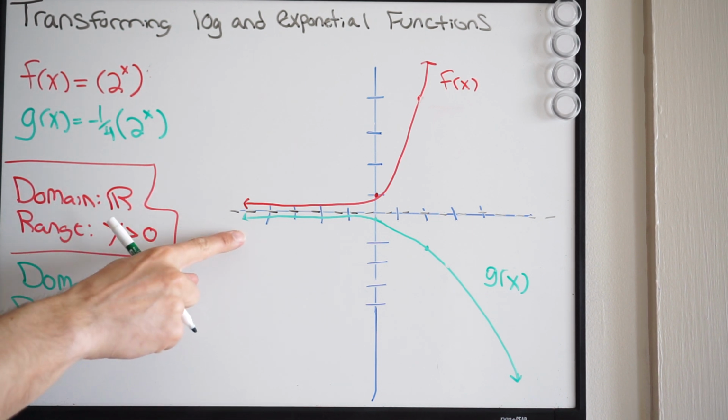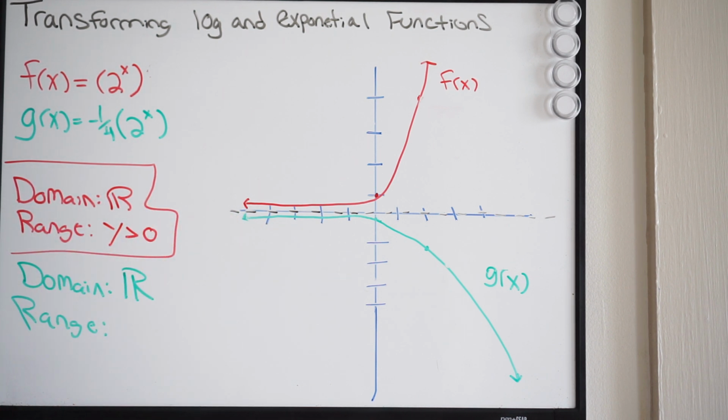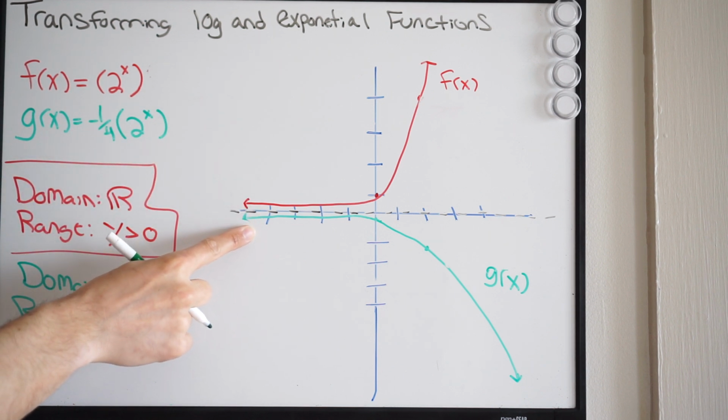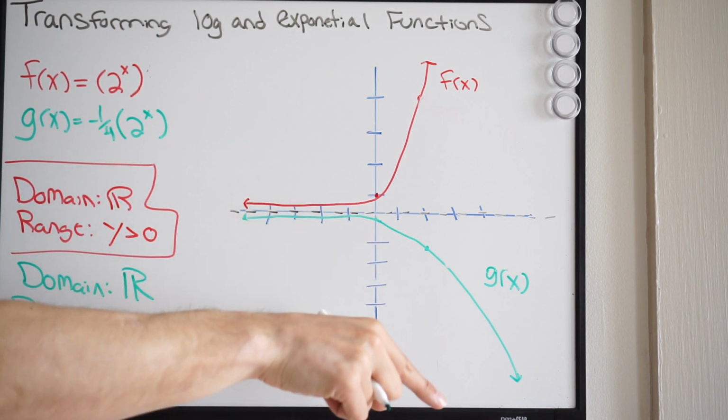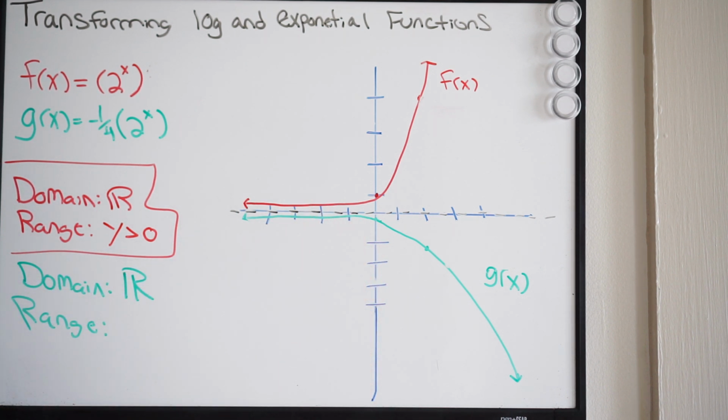Well, again, g of x has a horizontal asymptote at 0 as well. However, unlike here where it had to be all numbers greater than 0, in this case, since it's extending down to negative infinity, all numbers less than 0 are going to be part of our range.